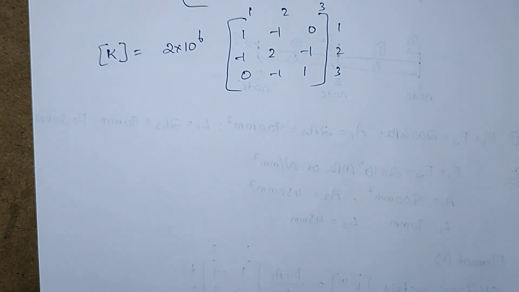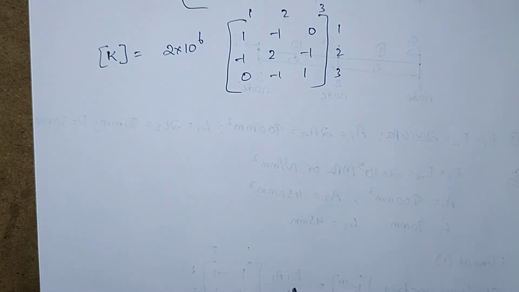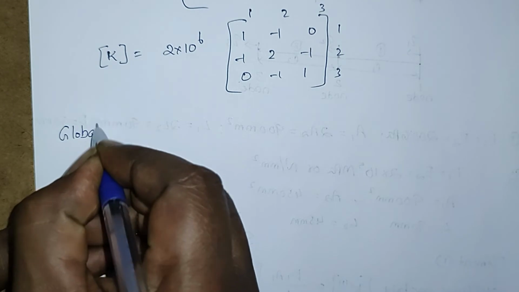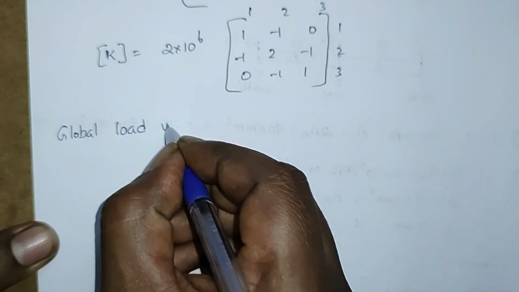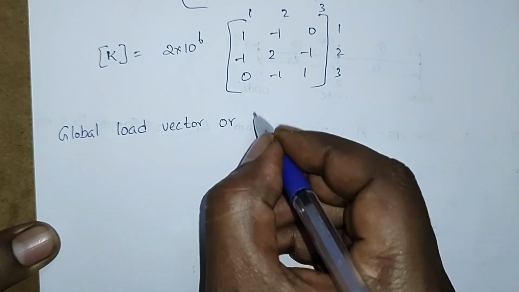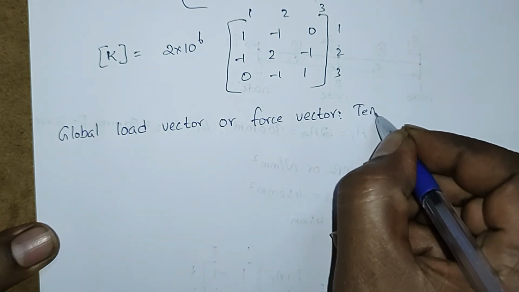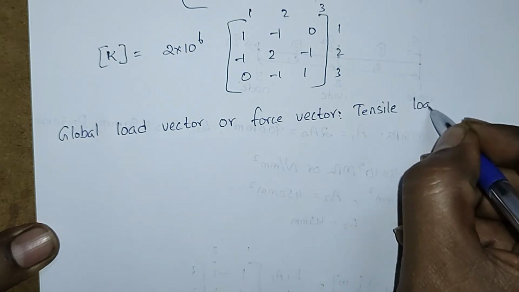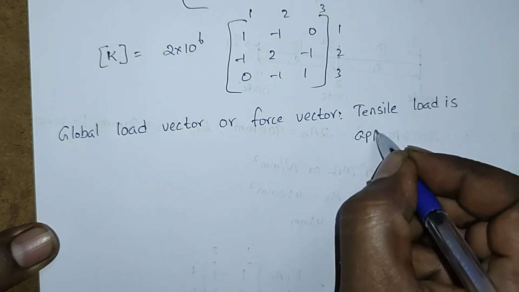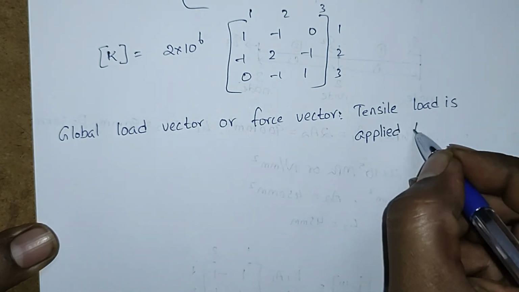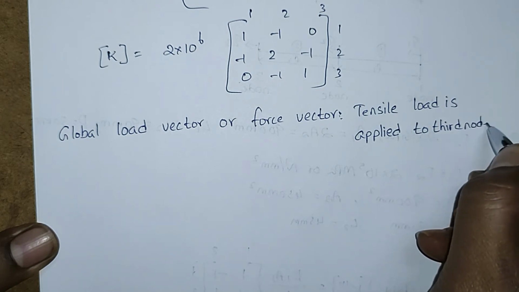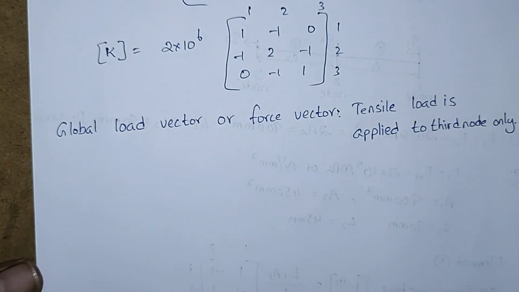Now after getting this global stiffness matrix, next we have to write the global load vector, or force vector, because the tensile load is applied to the third node only.